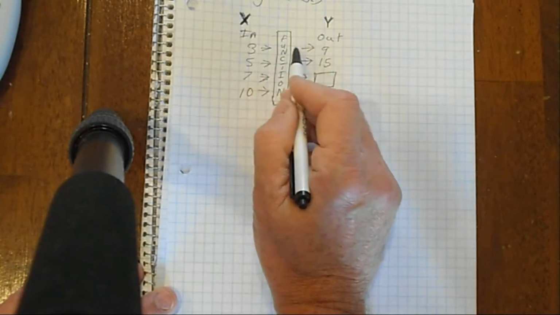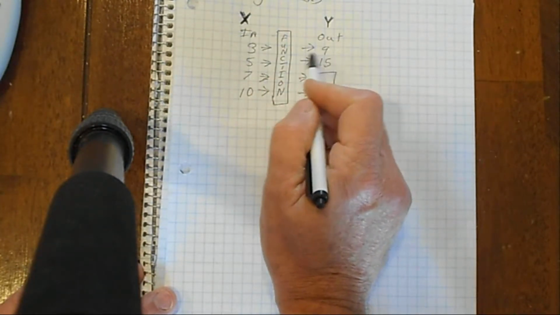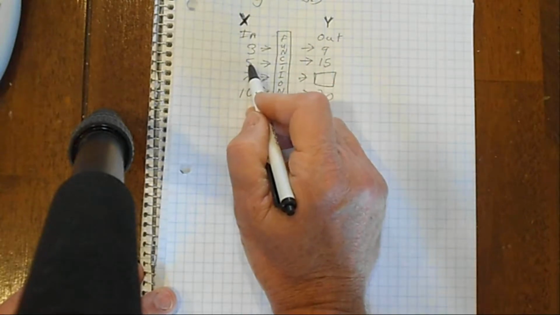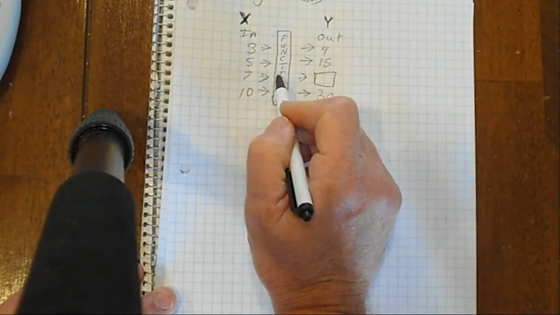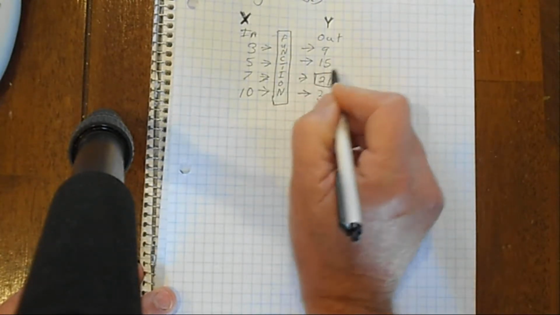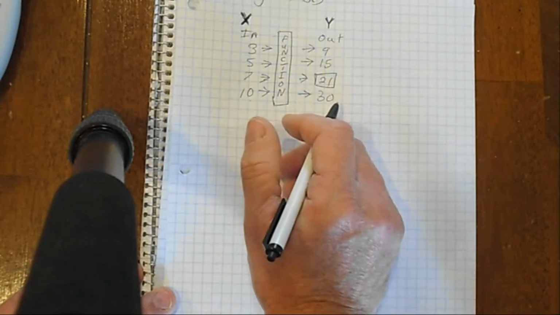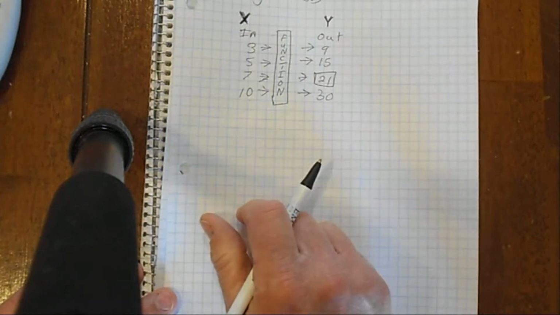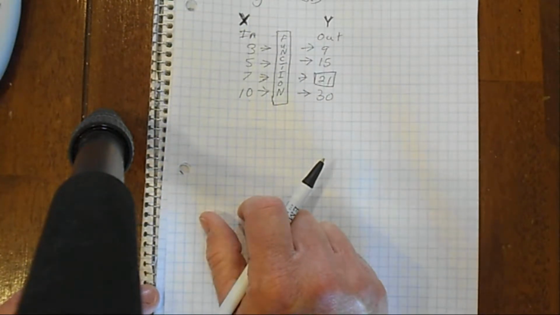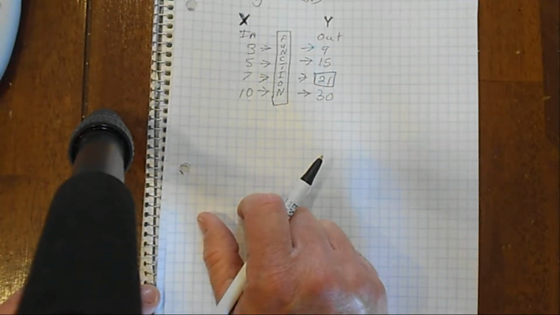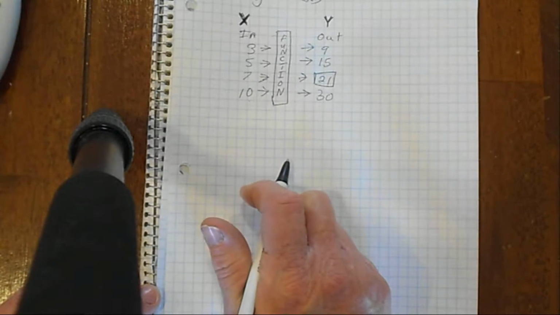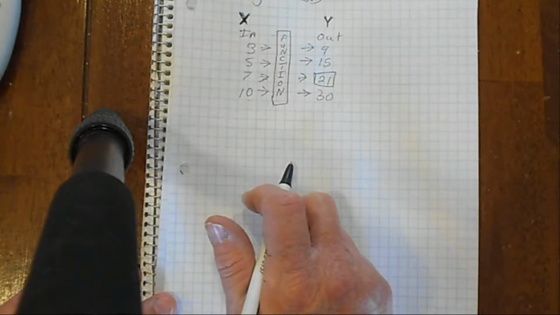So what times 3 gives you 9? Well, that's pretty simple. 3 times 3 is 9, 5 times 3 is 15, 7 times 3 is 21, 10 times 3 is 30. So that one you can figure out basically on your own, okay? But unfortunately, it's going to get more difficult to the point where you just can't say one number that's going to do it, what's going to cause this to happen.